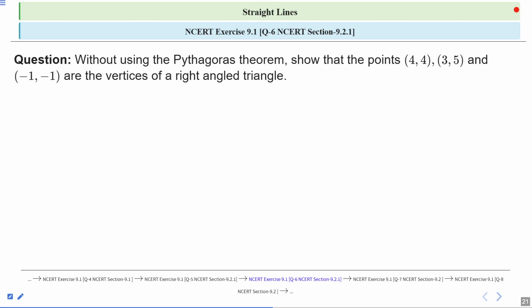In the next question, we are given: without using the Pythagoras theorem. So we cannot use the Pythagoras theorem to solve this question.